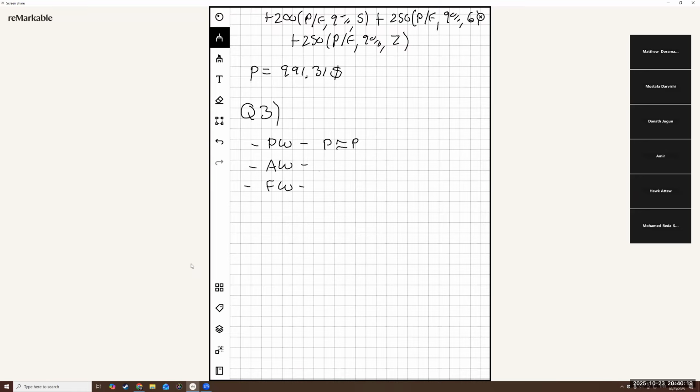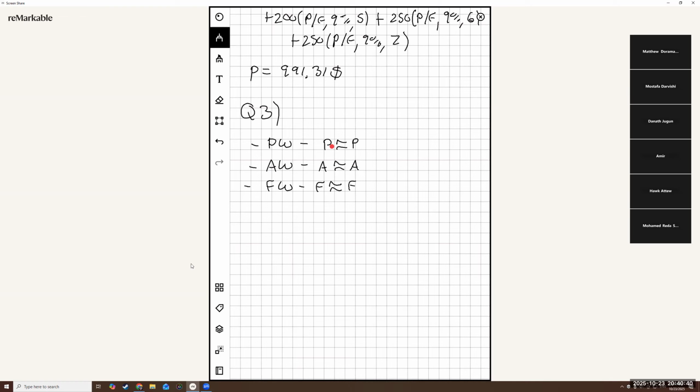Same with annual worth, you're comparing A to A, so that's like a per year or per month or whatever your time frame is, a continuous uniform payment, or future where you compare F value to F value. Okay. And comparing these will always net the same result.